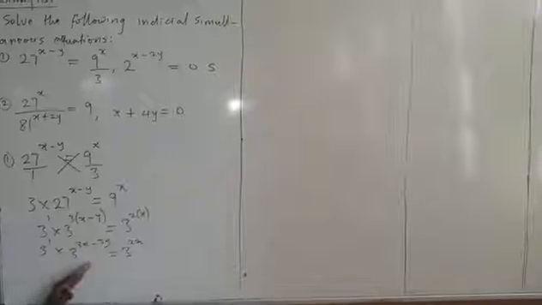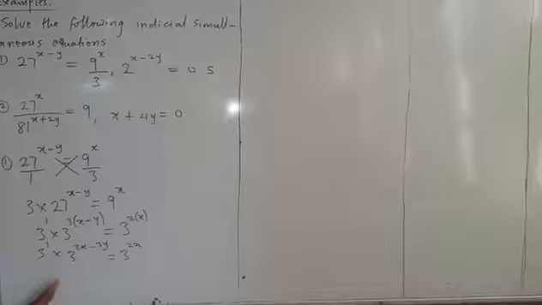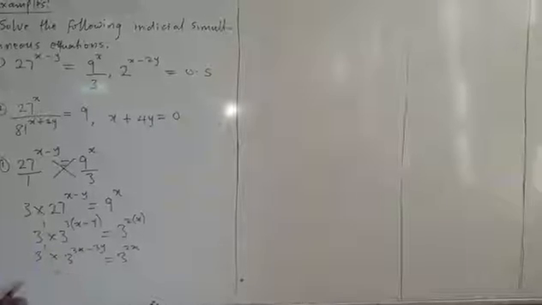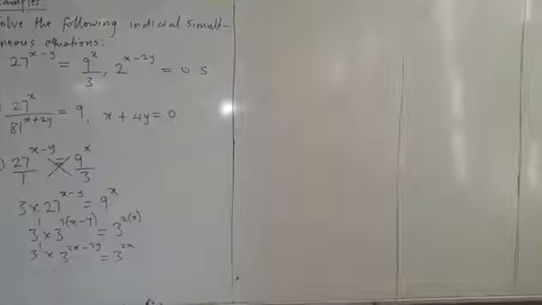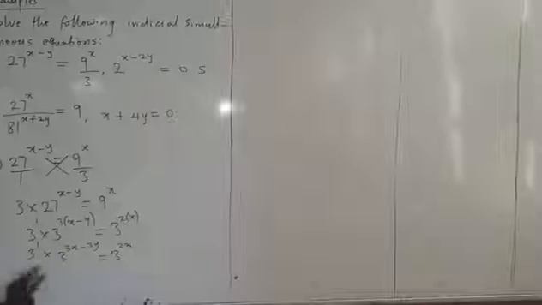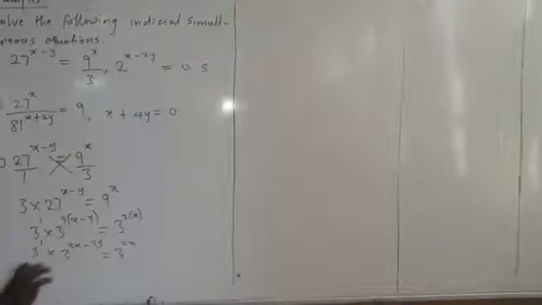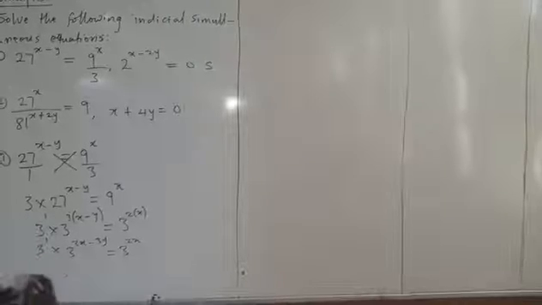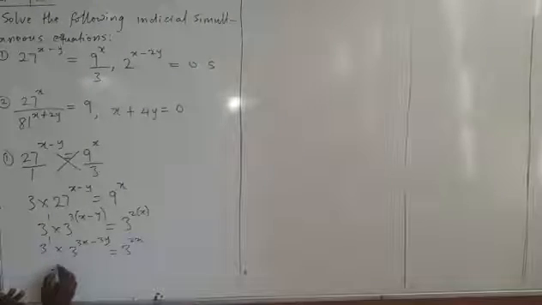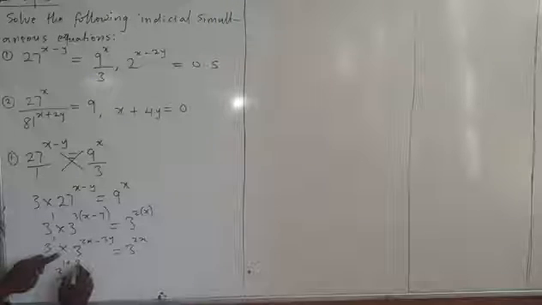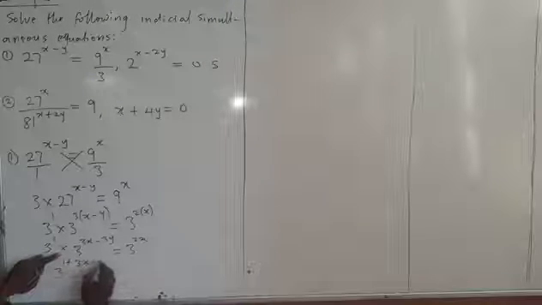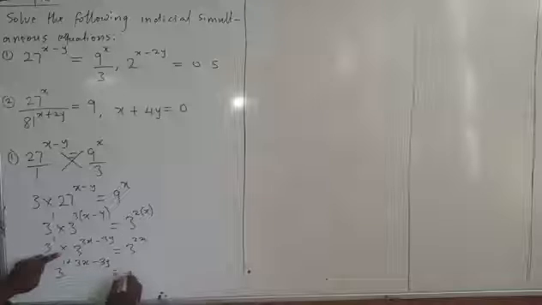Now reduce the left hand side to one base. Here we have two bases, so we are going to make use of the multiplication law of indices. So 3 raised to power 1, multiplication will change to addition, plus 3x minus 3y, equals 3 raised to power of 2x.